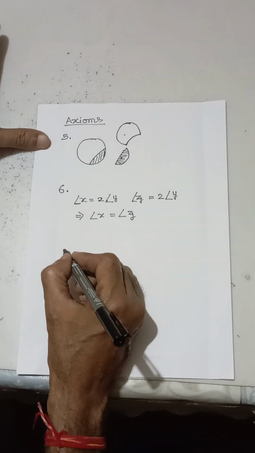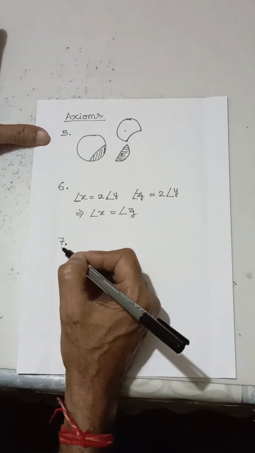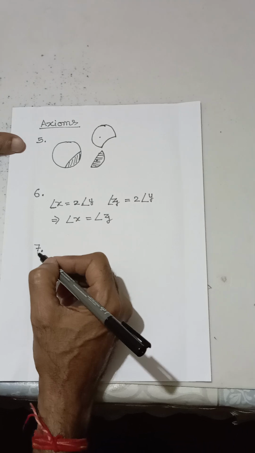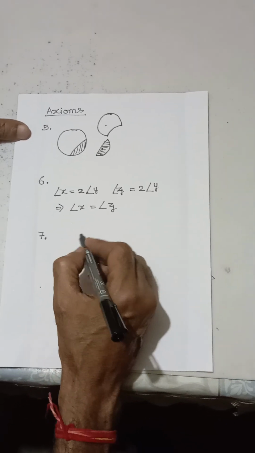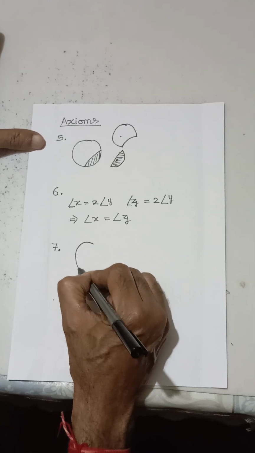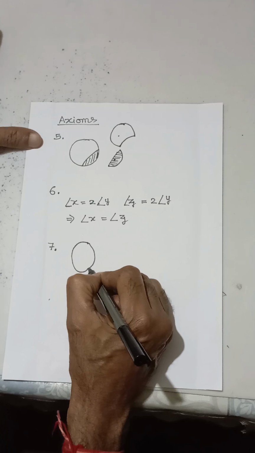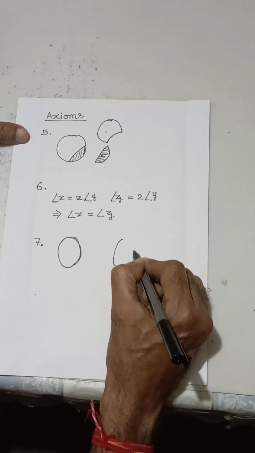Now we will come to the seventh example. Seventh example is things which are halves of the same thing are equal to one another. Suppose here there is some shape like this, and here also some shape is like this.